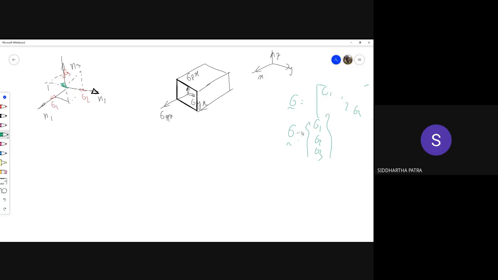So the tensor for me becomes a vector. Is this part clear? Yes, sir. Okay.